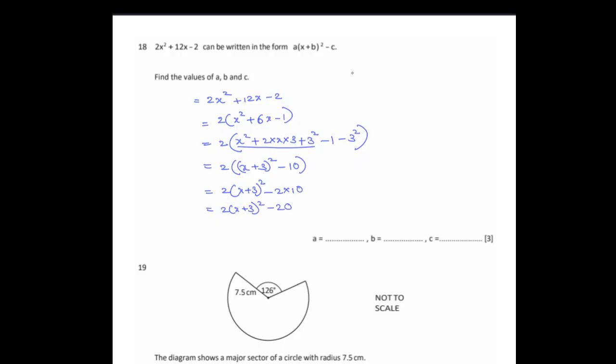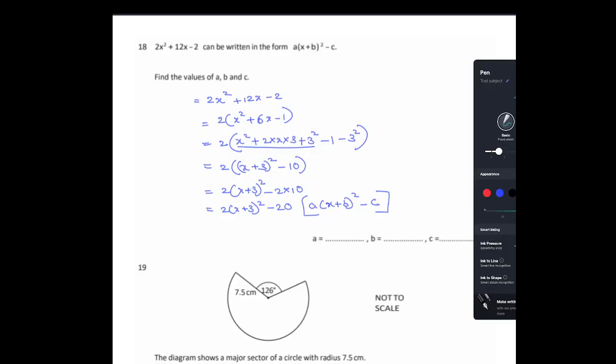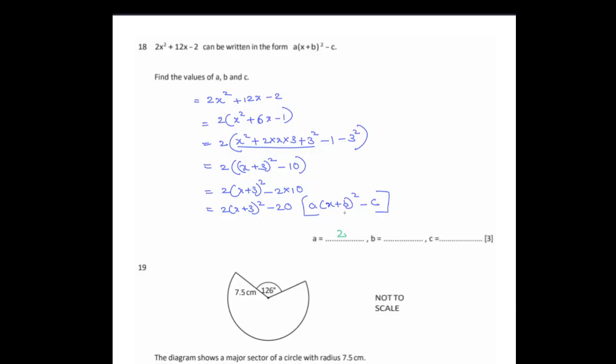Now we got exactly the same form, which is a into x plus b whole square minus c, right? So a is 2. b is 3. c is 20. So we got the answer.